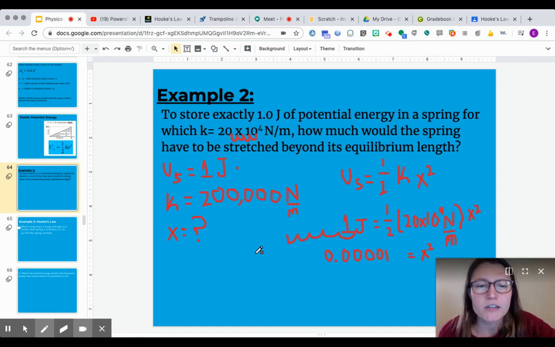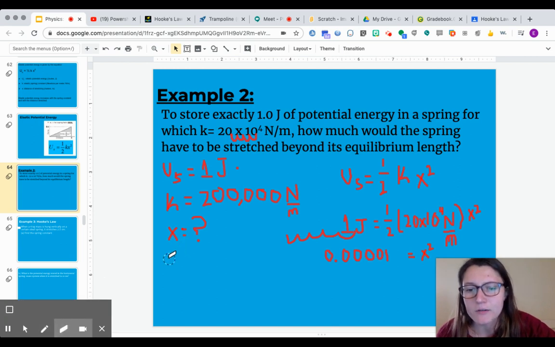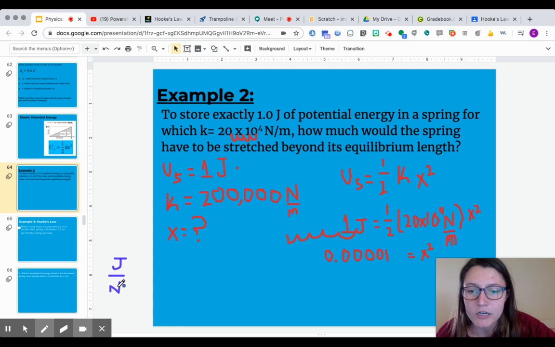Our units here get a little tricky. I'm going to do this over here on the side in a separate color. We technically have joules, and those joules are being divided by newtons per meter.